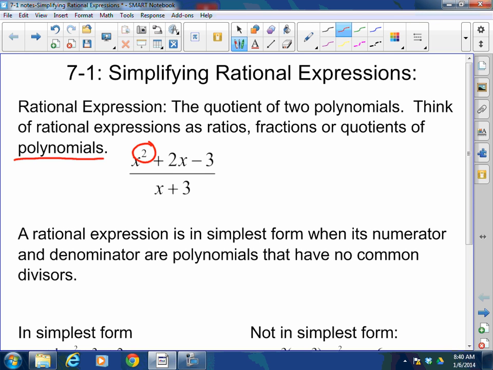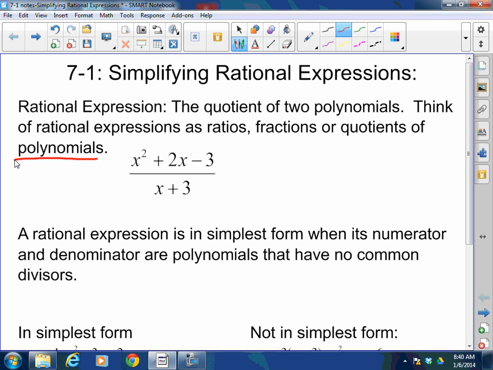Degrees are the highest monomial exponent in that polynomial. So in this case, it has an exponent of 2, so it's a second degree or a quadratic polynomial. In this case, trinomial, because it's 3 terms. So you guys all remember polynomials, right? Okay, good stuff.